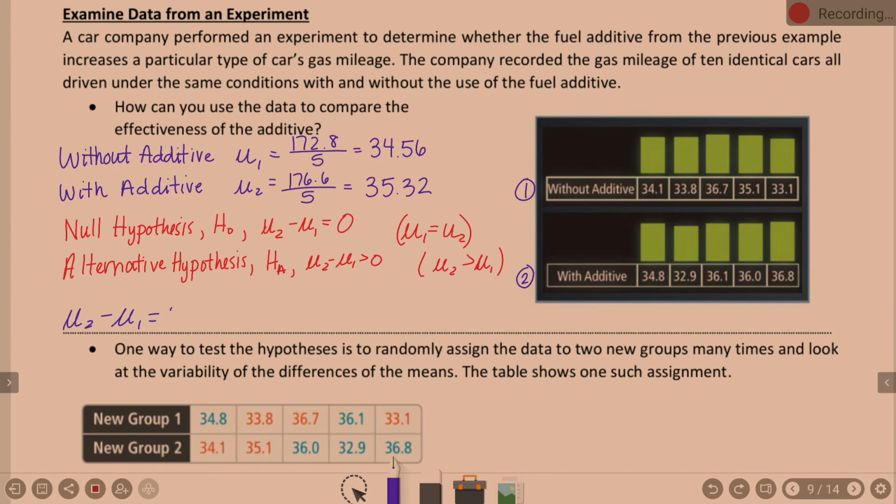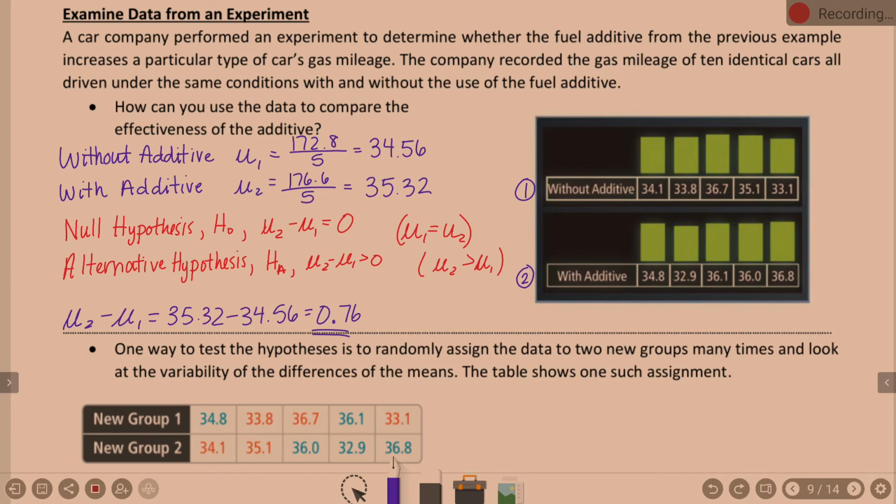What are we getting? 35.32 minus 34.56, you're getting 0.76, right?